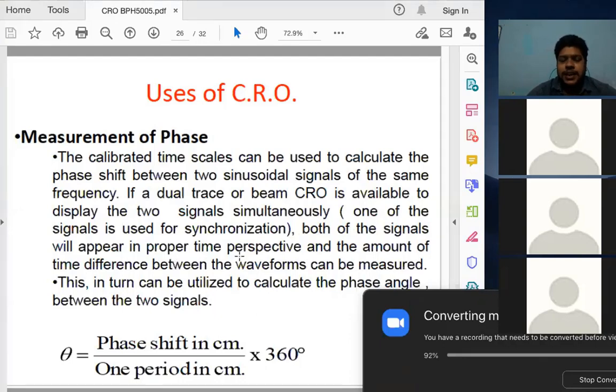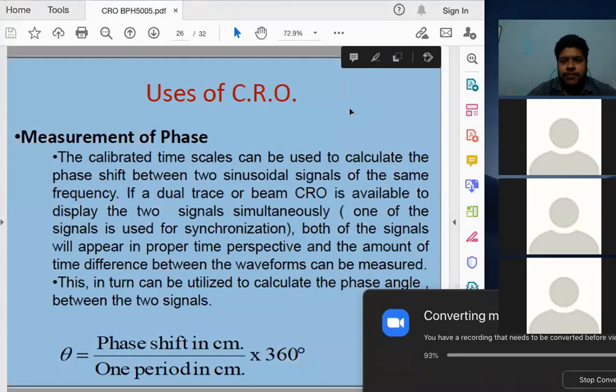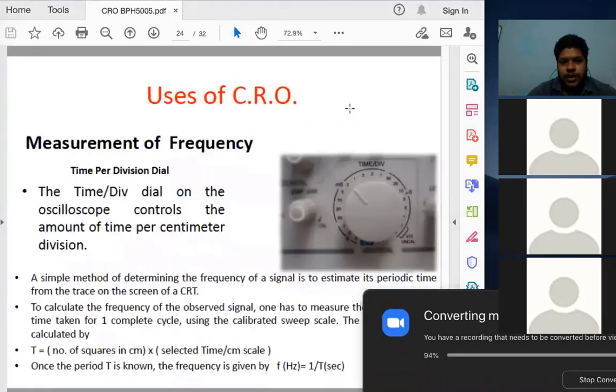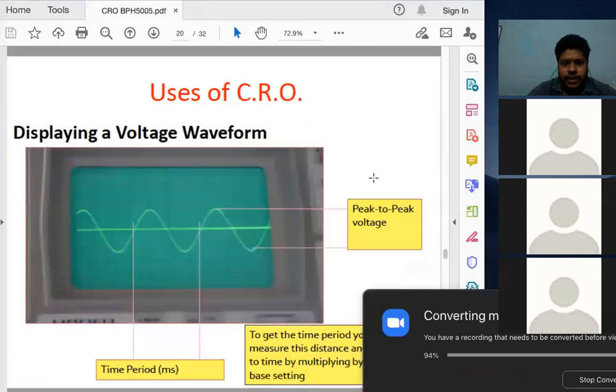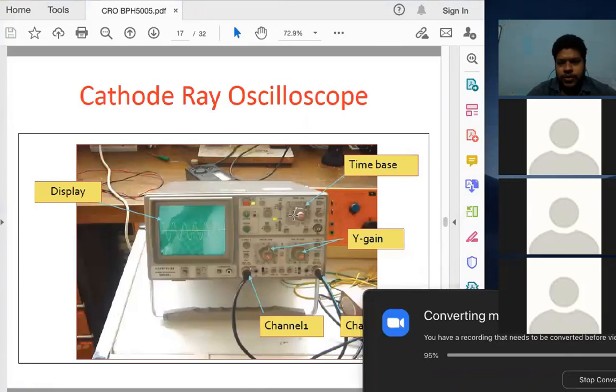One thing is that when we give two signals, the time base remains common. For channel 1, we have this segment, and for channel 2, we have this segment.